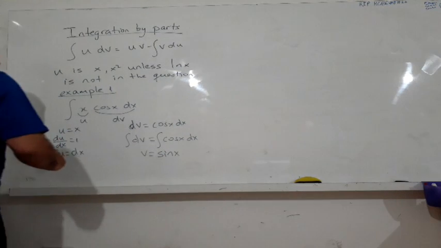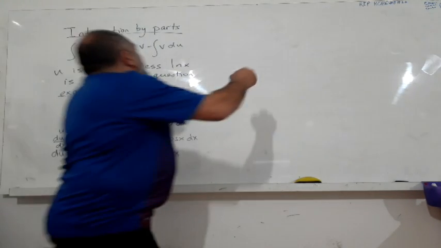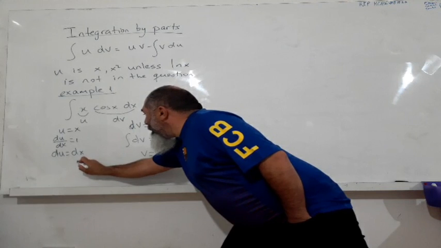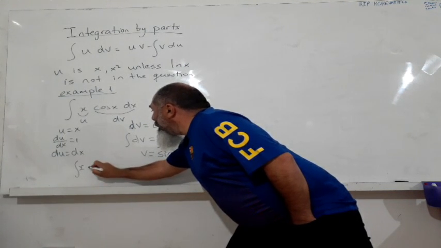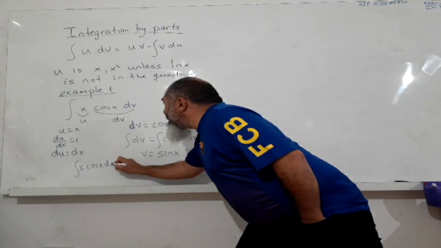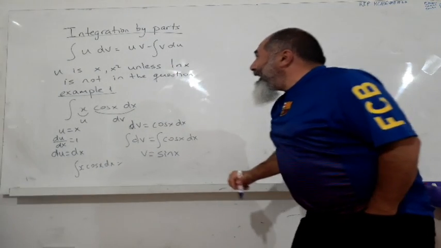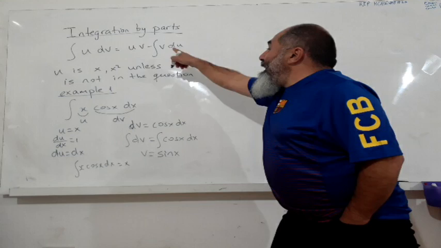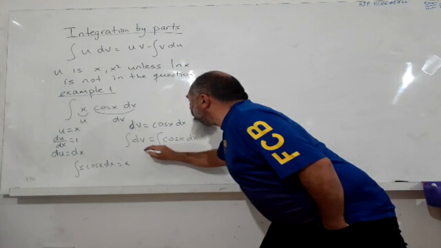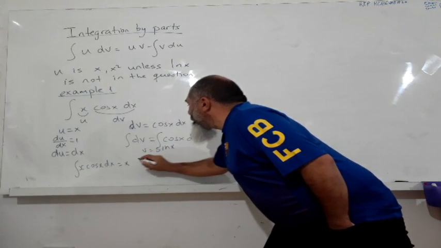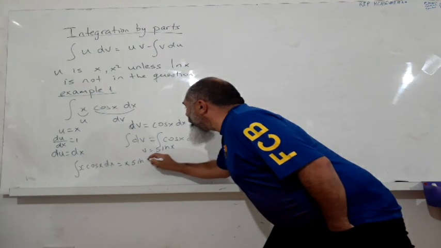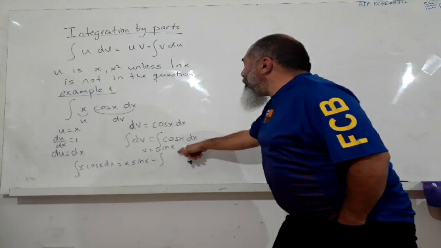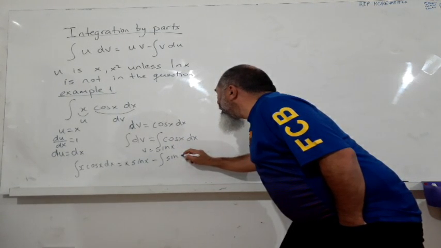So here, x cosine x dx is going to be uv, where u is x, v is sine x, minus v, which is sine x, du, and du is dx.